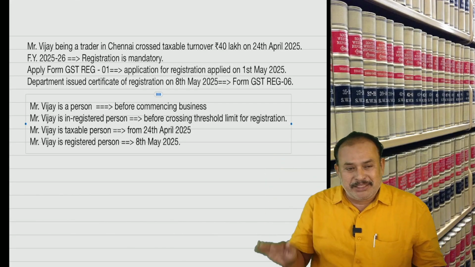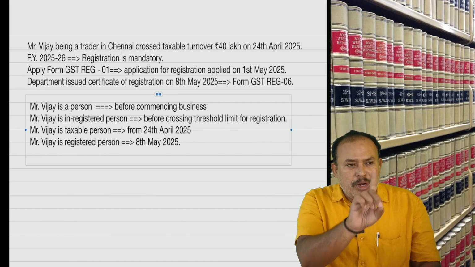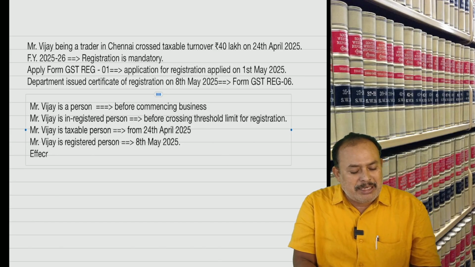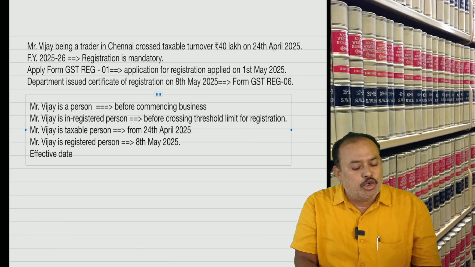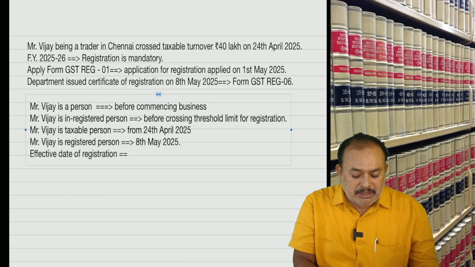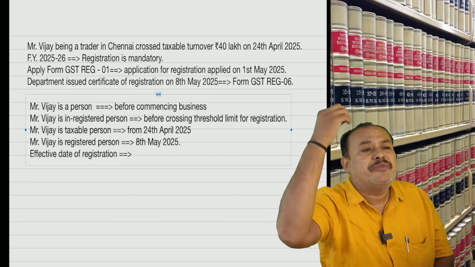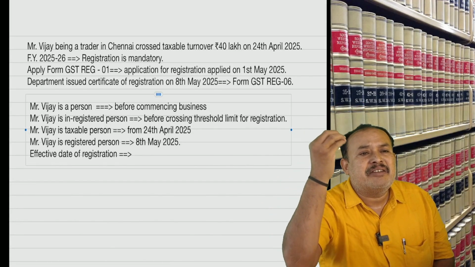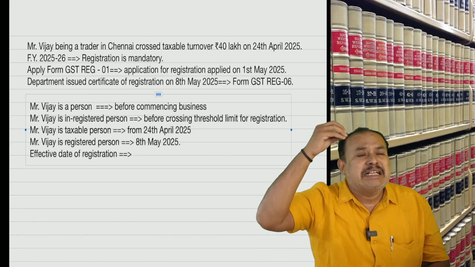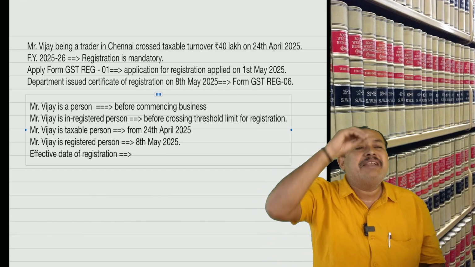After having so much, I will ask you only one doubt. Answer to me. What is my effective date of registration in the given case? From which date onwards? The date on which I start my business, the date on which I cross the threshold limit for registration, or the date on which I obtain the certificate of registration?